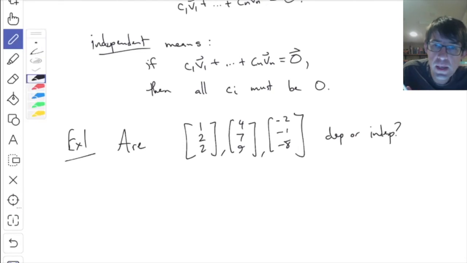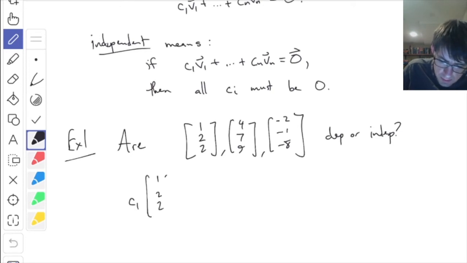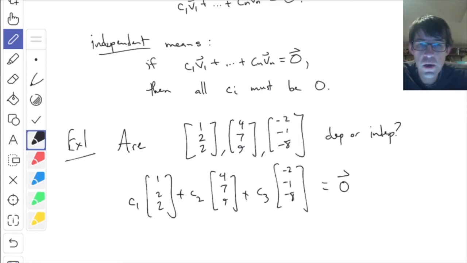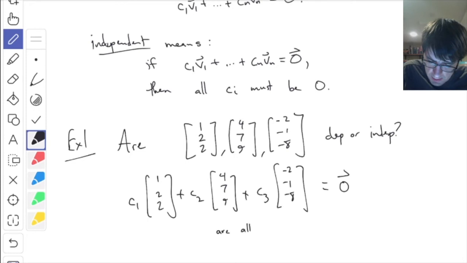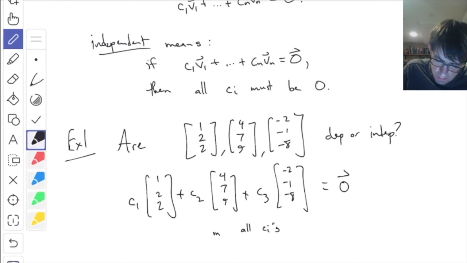And then we have to check if those constants, do they have to all be 0 or can they be something else? So we set up a linear combination, C1 times 1, 3, 2, plus C2 times 4, 7, 9, plus C3 times minus 2, minus 1, minus 8. You set up this linear combination, all adding up to 0. And then the question is, must all the Ci be 0?